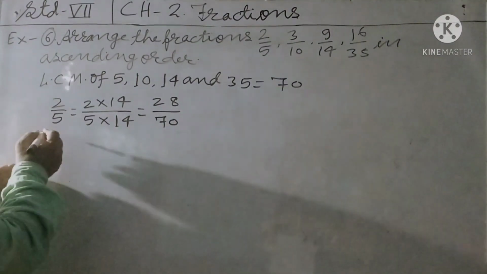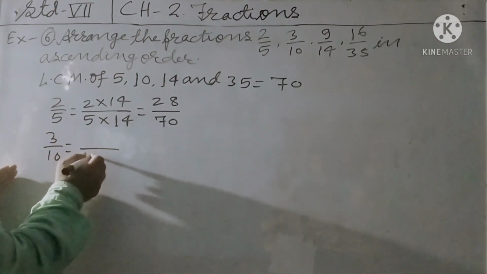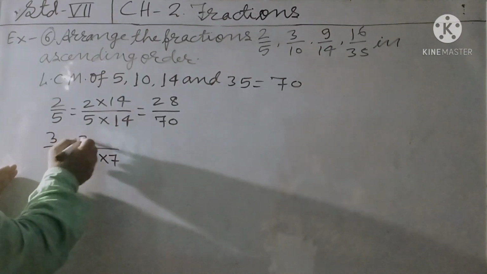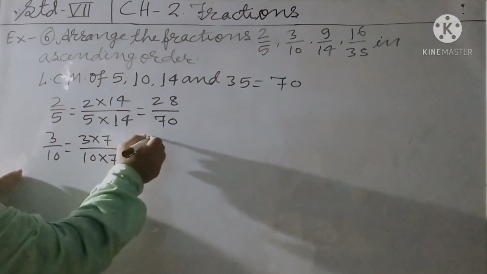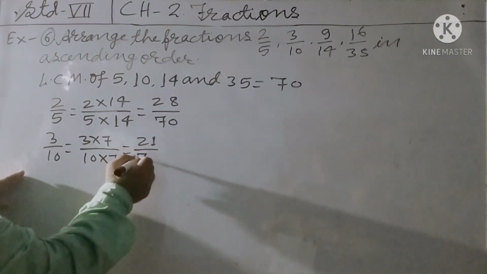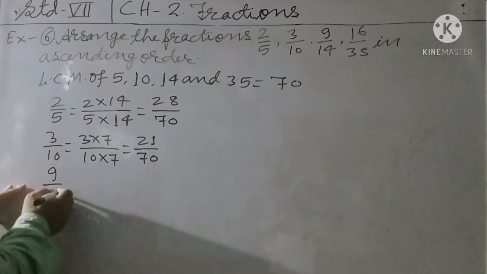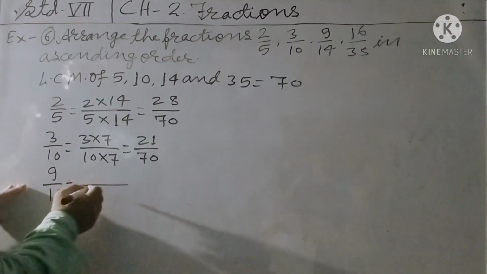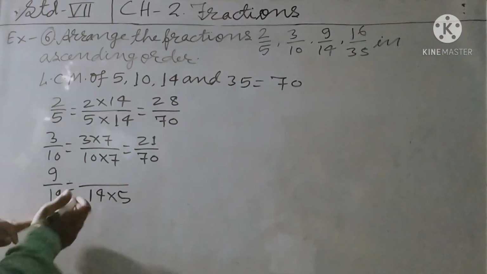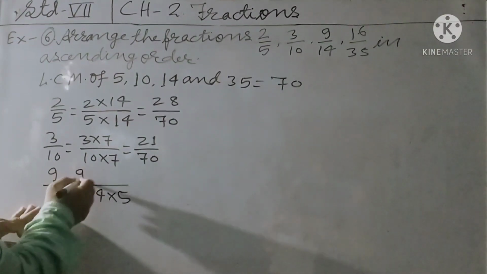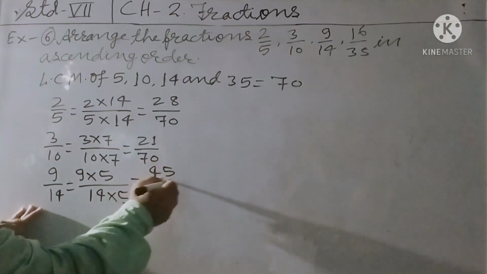Next fraction is 3 by 10. 10 changes into 70 by multiplying by 7, so 3 into 7, 21 by 70. Third fraction is 9 by 14. 14 changes into 70 by multiplying by 5, so 9 multiplied by 5 is 45 by 70.